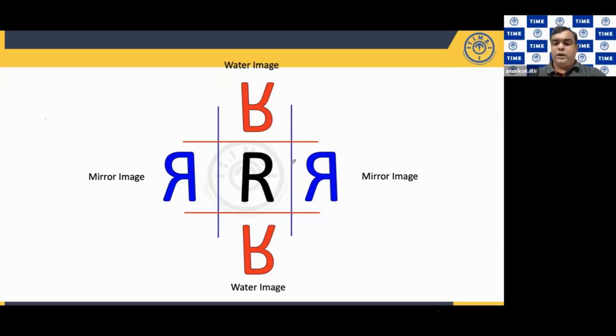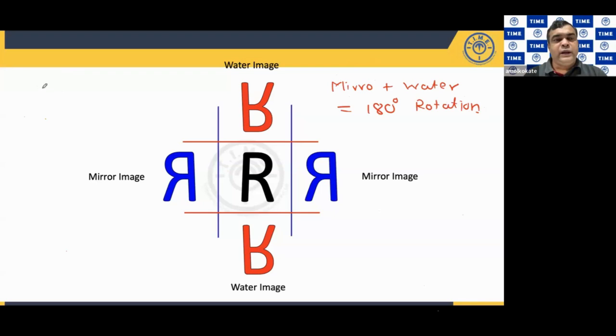Fine. Now, I just give you one relation, you understand that. Mirror image plus water image, that is as good as a 180-degree rotation.